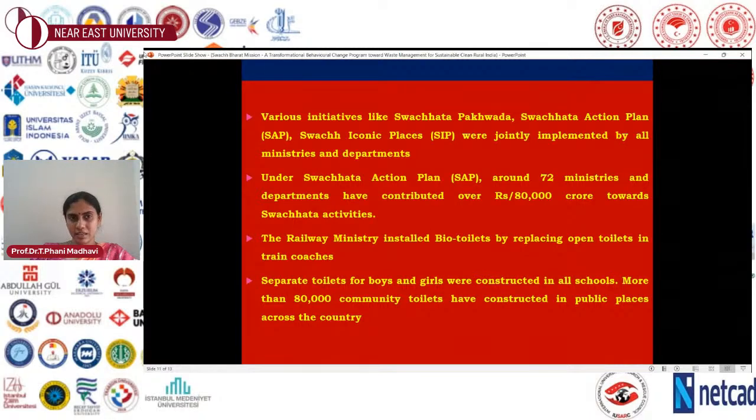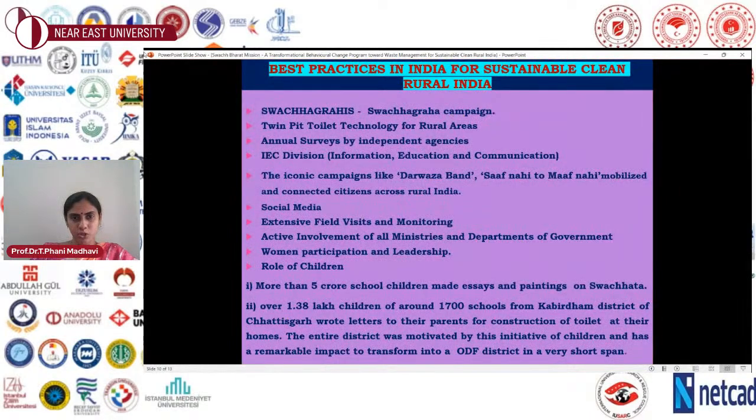Everyone's involvement actively contributed to this Swachh Bharat mission, with campaigning programs in many forms, such as Swachhagraha campaigns, implementing twin pit toilet technology, conducting annual surveys, and the IEC division also playing an active role for effective implementation of this mission.